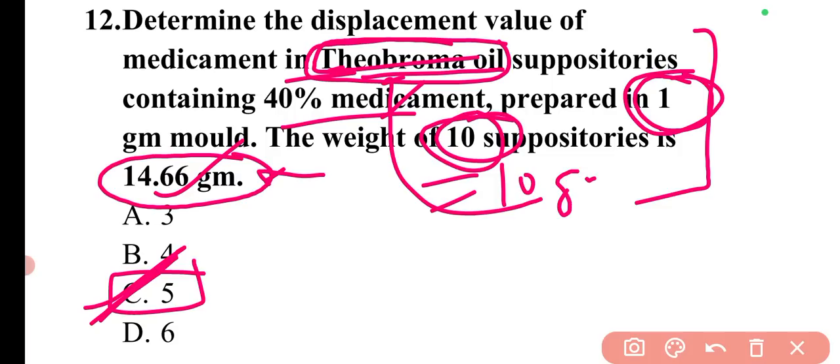Then we have a value, and we divide that value of theobroma oil displaced by the amount of medicament present, because the theobroma oil is displaced by the medicament. That way we can find the displacement value.